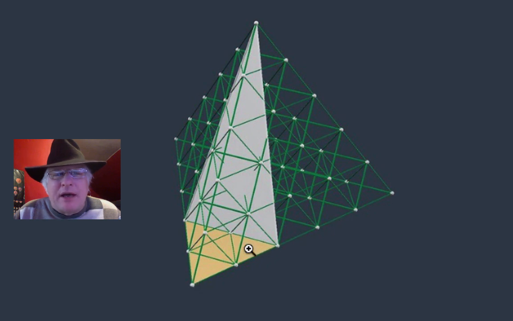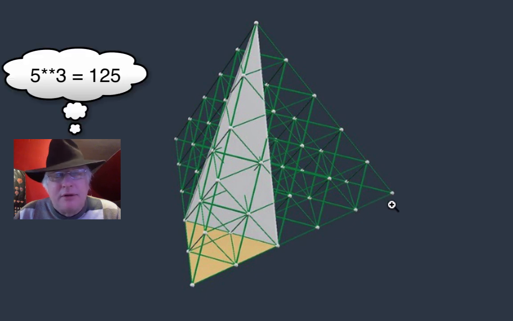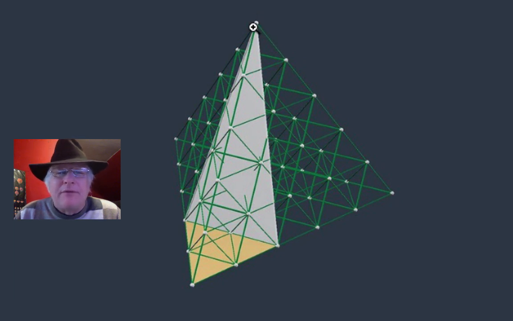Here again, I branch out 3 lengths from any corner and close the lid, but this time we're in what we'd conventionally call 3 dimensions. And it's the volume now that I can express in terms of any one of these unit tetrahedrons. We could call these edges units, and then this whole volume here would be 1, 2, 3, 4, 5 to the third power, right? So 5 times 5 times 5, 125 would be the volume of the entire tetrahedron.